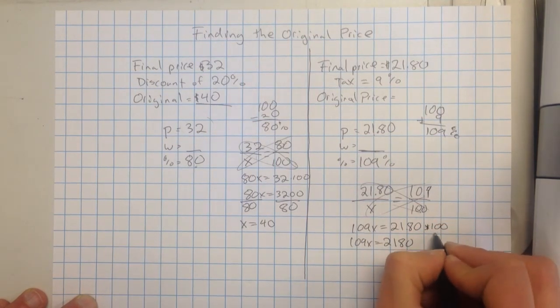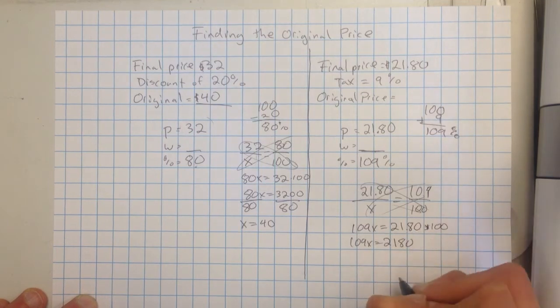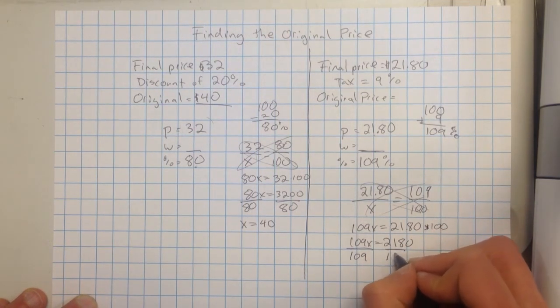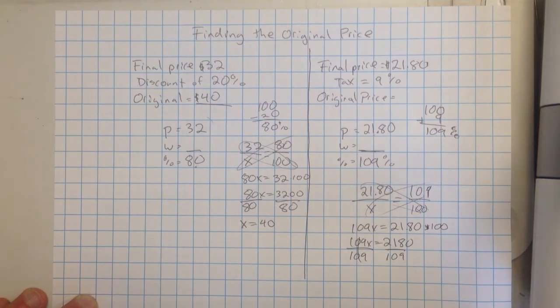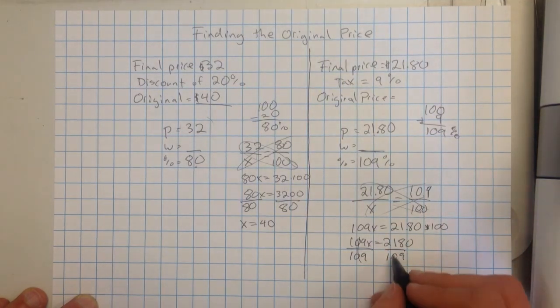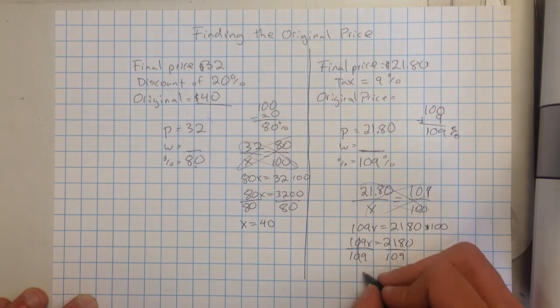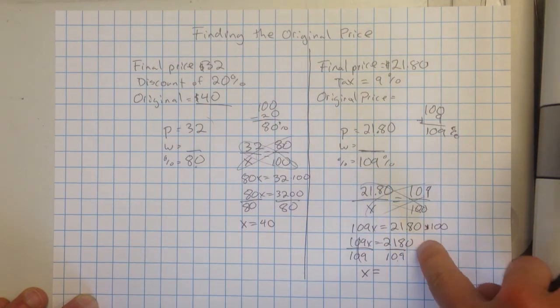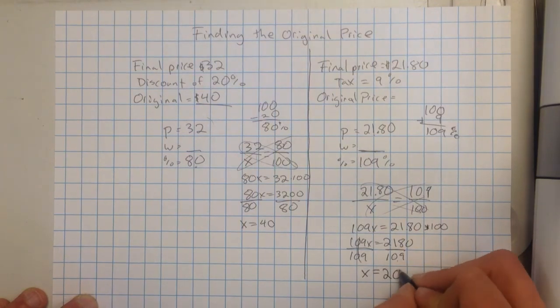When you multiply by 100, you can just move the decimal twice. And I would divide by 109 to isolate that x. Those would cancel out. And 2,180 divided by 109, I could use a calculator for that, or I might just recognize that that's about double plus a 0. So that's going to give me 20.